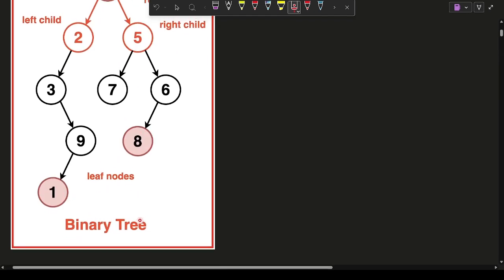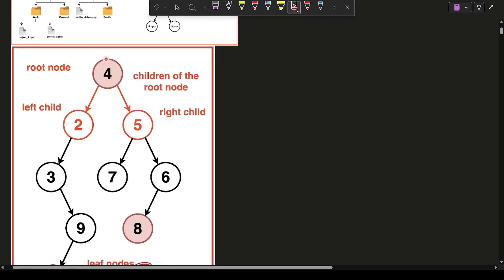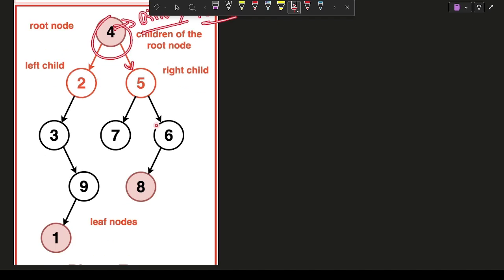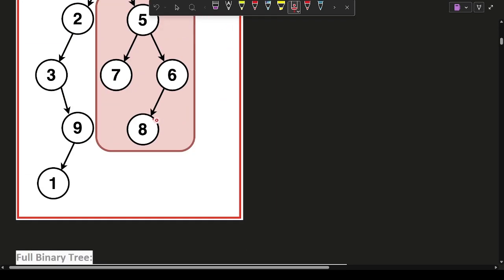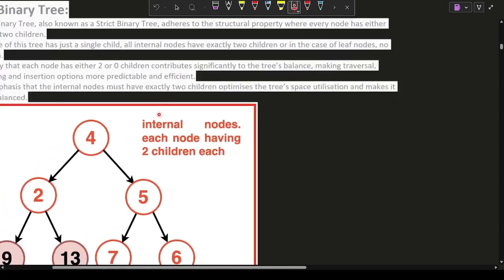This is a binary tree. Binary means two. So from one node there are two edges connected, two nodes connected with edges. There are many types of binary tree.